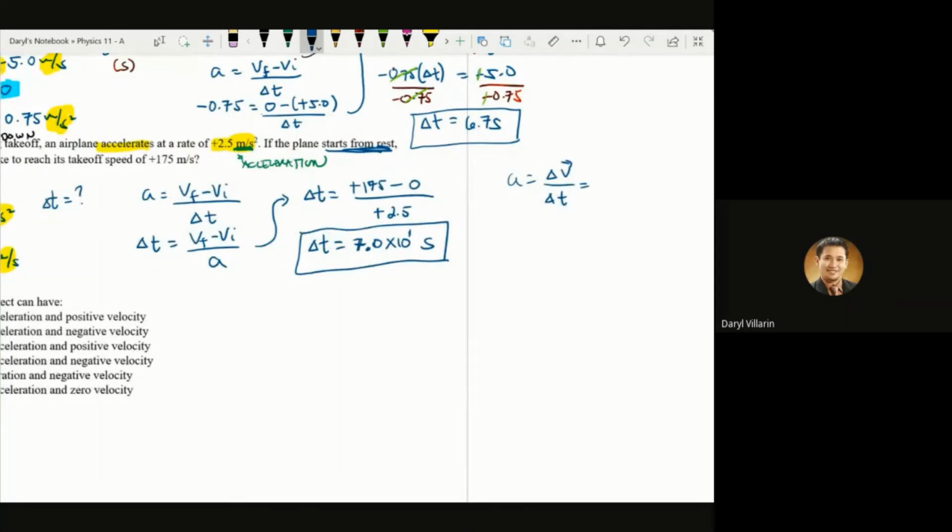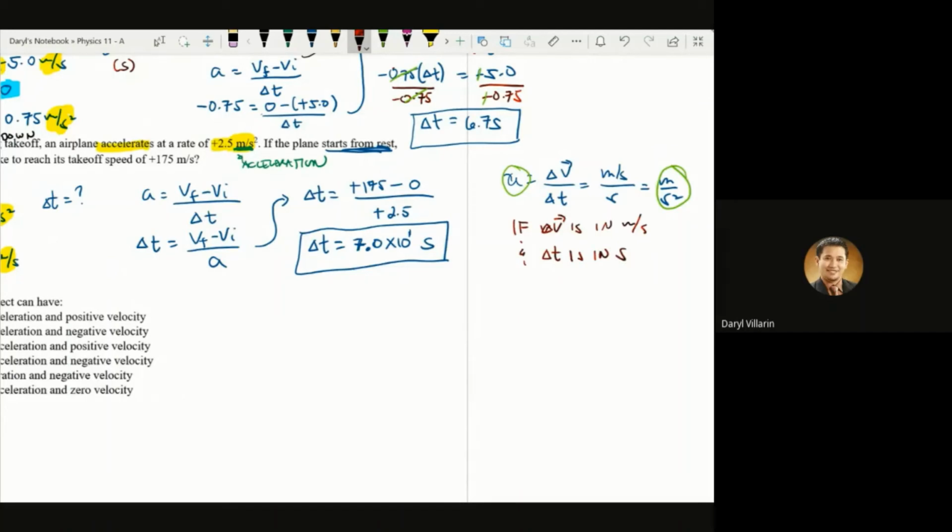So the unit of your delta v is meters per second over second. That's why you get meters per second squared. So that means that for the acceleration, we can get the units of meters per second squared if delta v is in meters per second and delta t is in second, right?